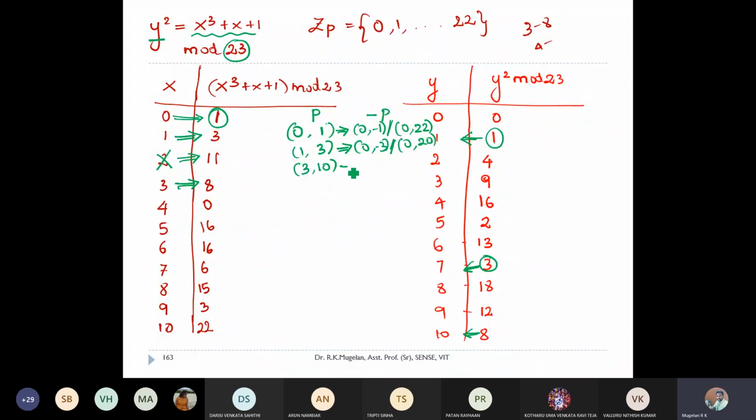And this one, 3, 10. I think there is an issue with this one. Okay, if it is 3, 10, then accordingly we will be getting 3, minus 10, and 3, 13. Sorry guys, I made a mistake here. It is 1.